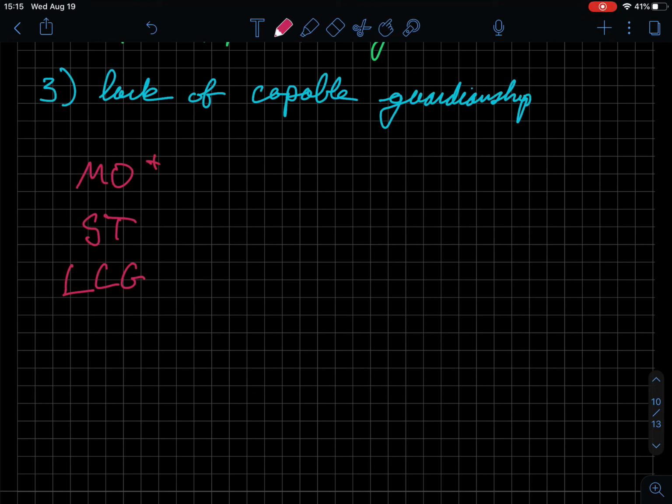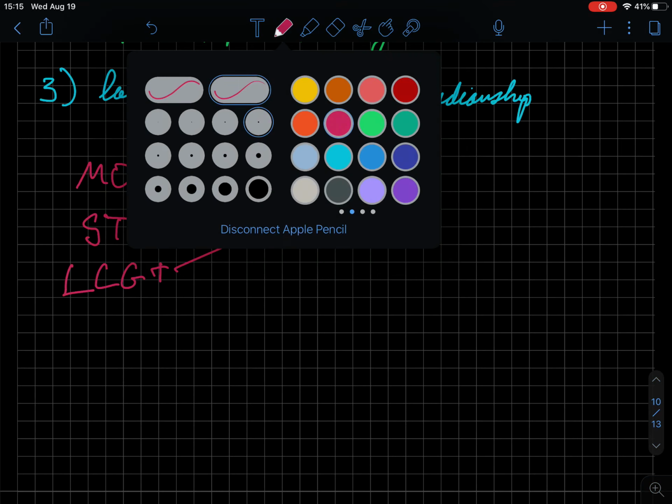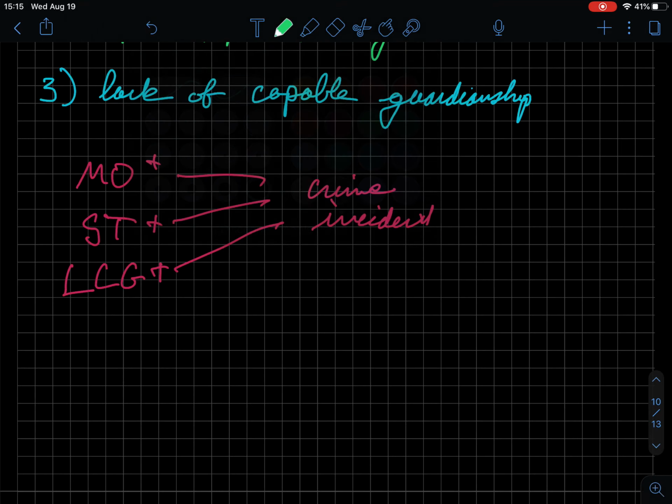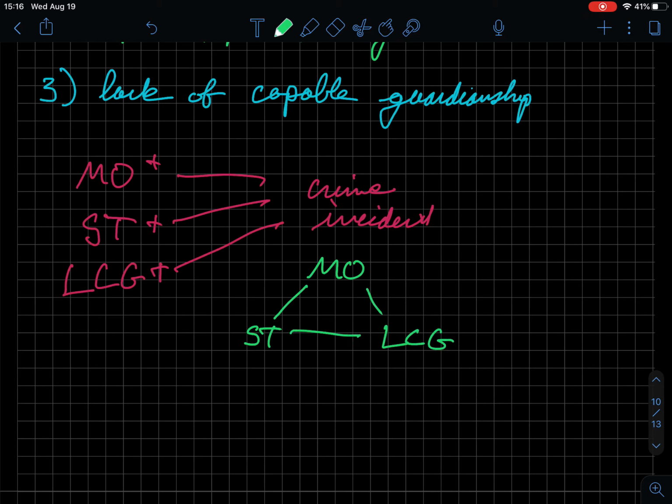So when this is positive, and this is positive, and this is positive, this is believed to lead to a crime incident. But, because there is this little triangle, right? So if you could view MO, you could view ST, and LCG, like that. That is one way to visualize it, right?